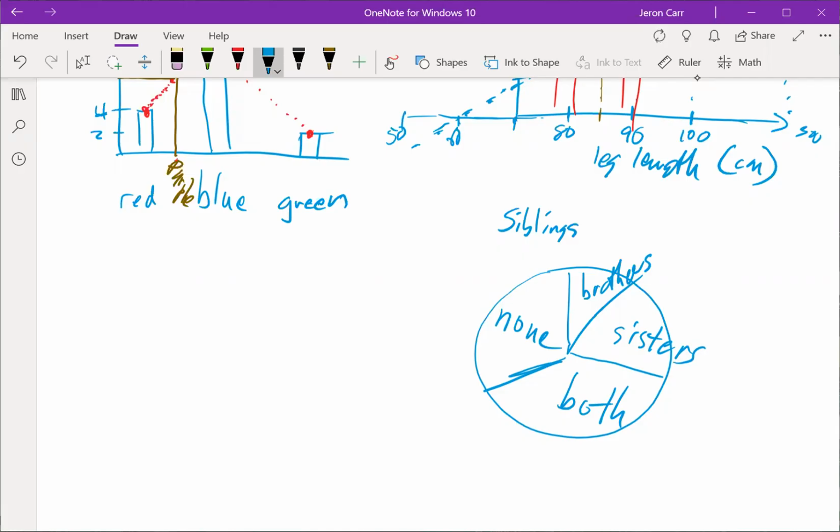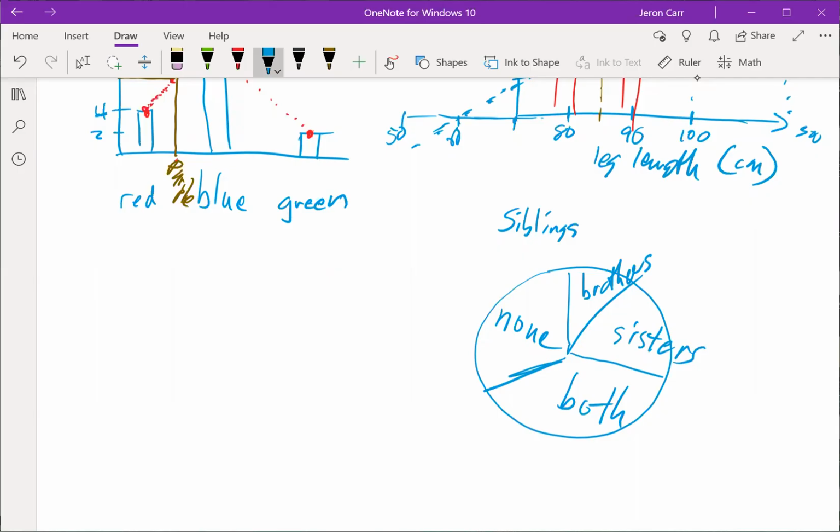So in this case, at least if I'm only talking about straight up genetic biology here, there aren't much in the way of other options. So I can be pretty confident that I've covered all the bases and all the wedges should add up to 100%. So pie charts work great when I am confident that everything adds up to 100%.